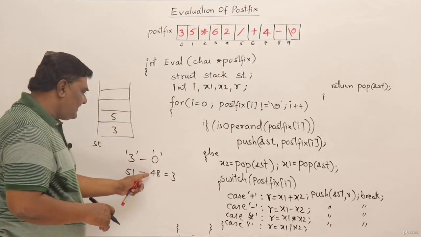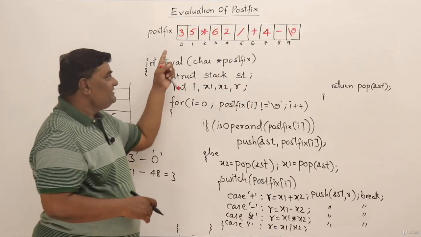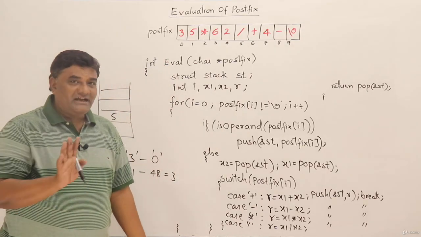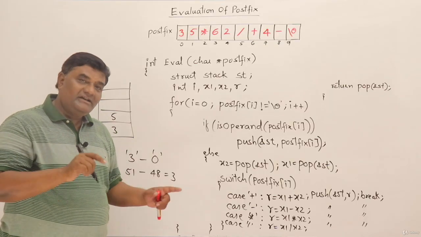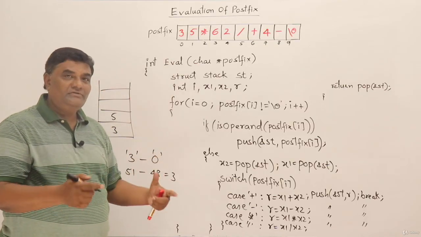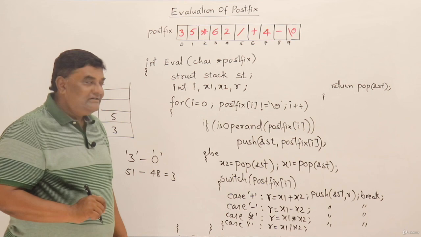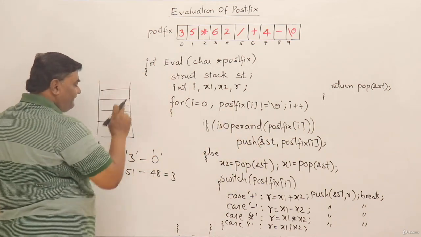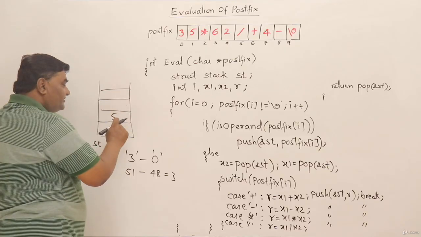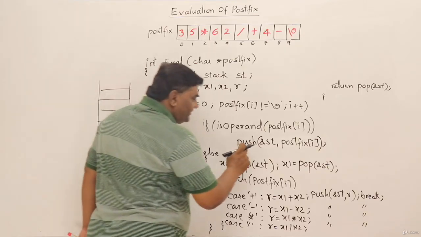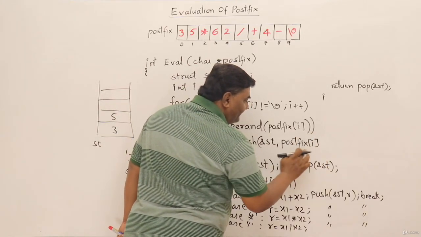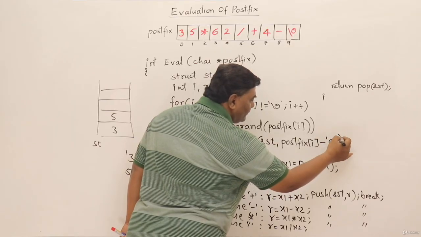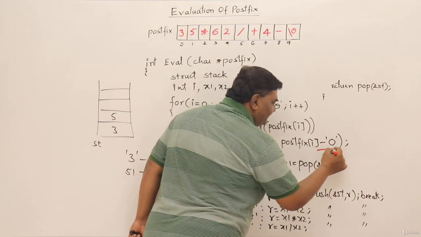For that, subtract the ASCII code of 0 from each numerical symbol or operand. Typecasting will not help; typecasting a 3 will give us 51 only. So when pushing the value into the stack, I should not push 51 for 3. I should push integer 3. So when pushing the postfix symbol, I will subtract the ASCII code of 0. This is the interesting thing here.